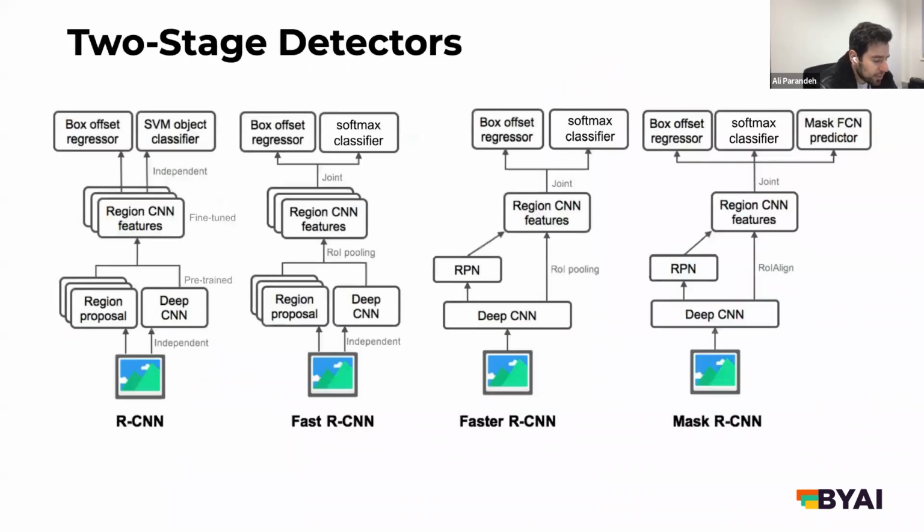But what I wanted you to take away from this whole review of R-CNNs is that two-stage detectors can be quite detailed, especially with Mask R-CNNs.